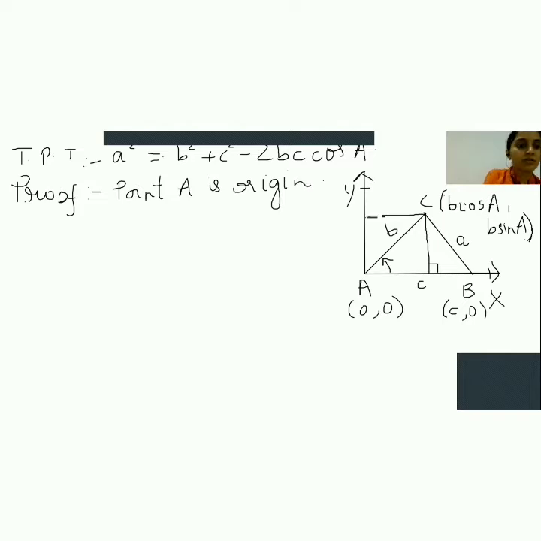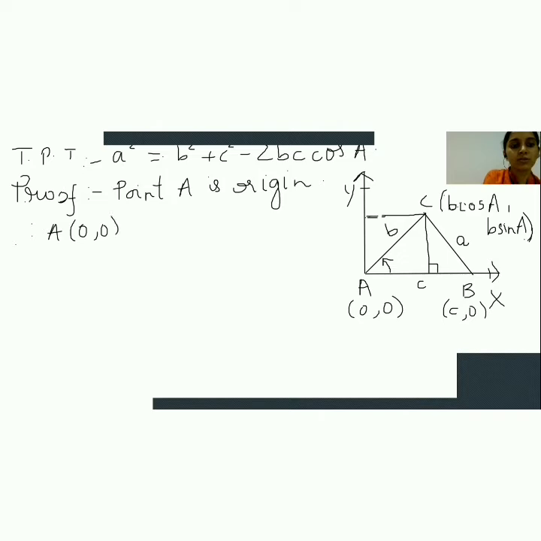Therefore, A's coordinates will be 0, 0. B's coordinates then will be c, 0. And C's coordinates are b cos A and b sin A.